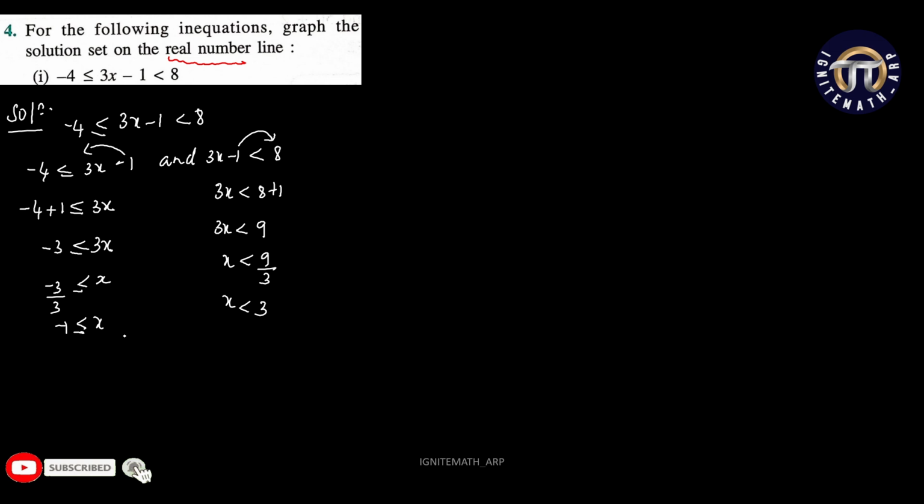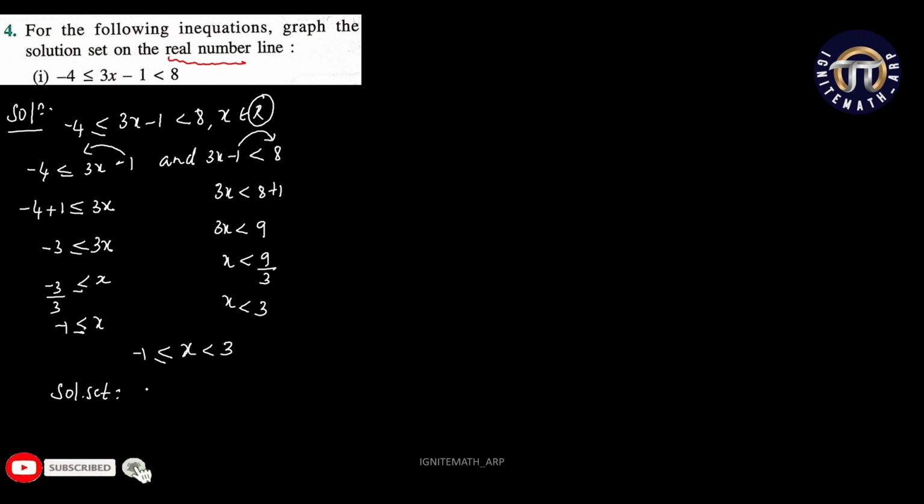So I'll combine both the inequalities and I would write x is greater than or equal to -1 and smaller than 3. Keep in mind, children, this is not your solution set. So I will write the solution set. Solution set is what? x belongs to the set of real numbers. So the set of real numbers is the replacement set.